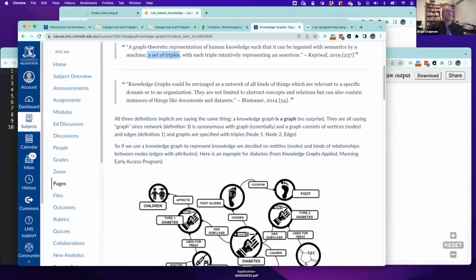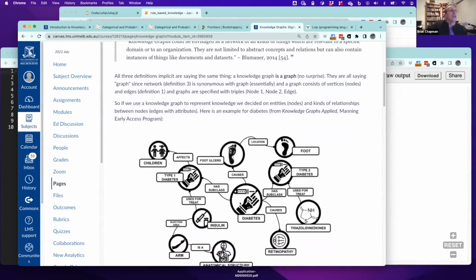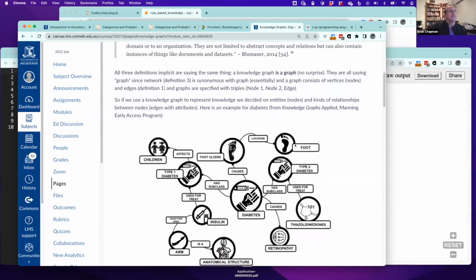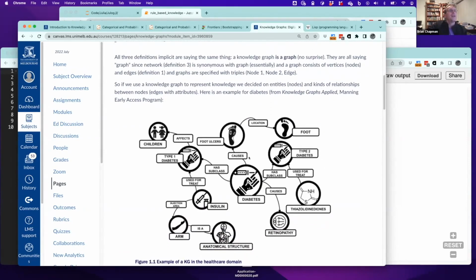It's all these triplets. In this case, this is from a book, Knowledge Graphs Applied. We have this concept of diabetes, that's a node, and we have a concept, foot ulcers, another node. And then we have this relationship, causes. So diabetes causes foot ulcers, and that's the relationship.